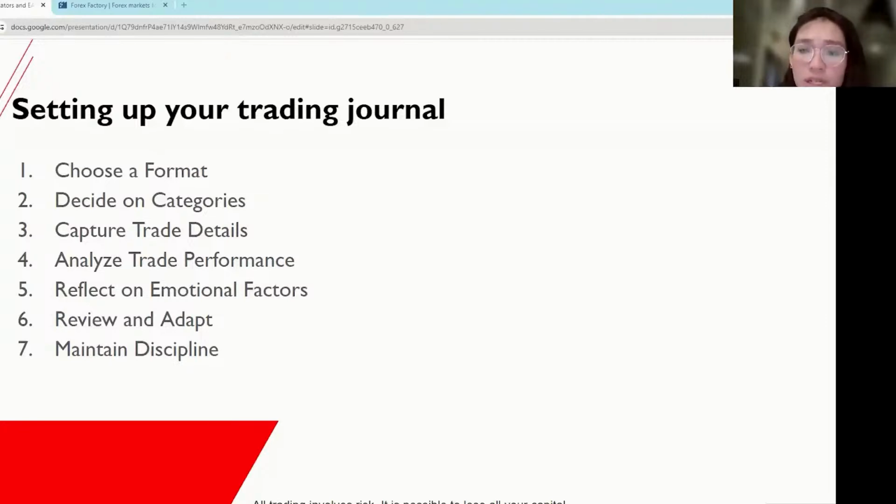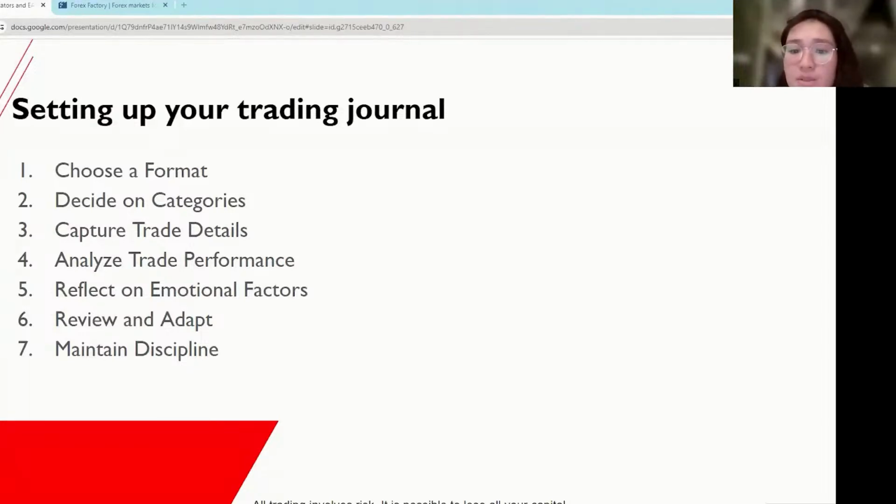How you would record it would probably be taking note of any emotional biases such as fear, greed, or overconfidence that may have influenced your decision making. This information will help you to become more aware of your emotions and develop strategies to manage them more effectively.